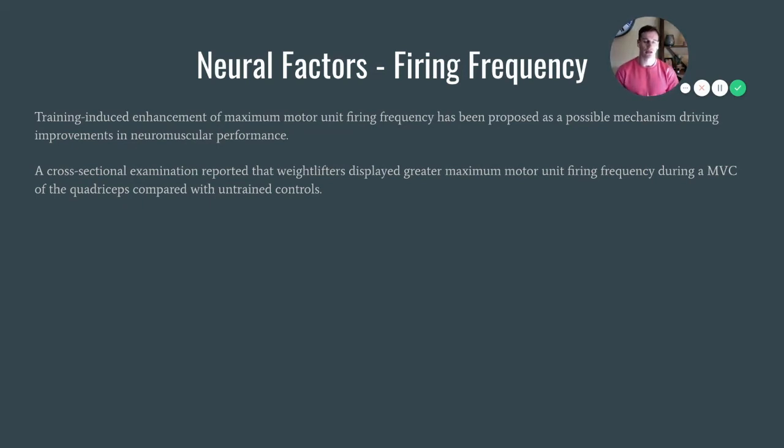Effectively, that's showing that firing frequency can be changed as a result of training. They used Olympic weightlifters, who have to move heavy objects quickly, so the nature and specificity of their training has led to an increase in motor unit firing frequency, allowing them to produce more force faster.